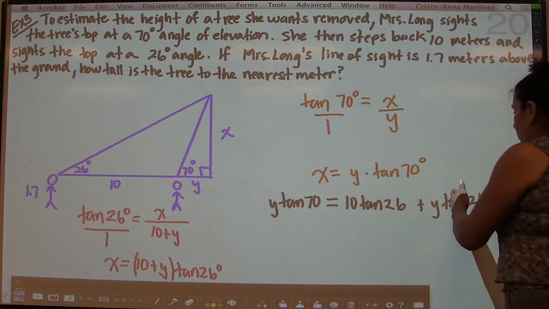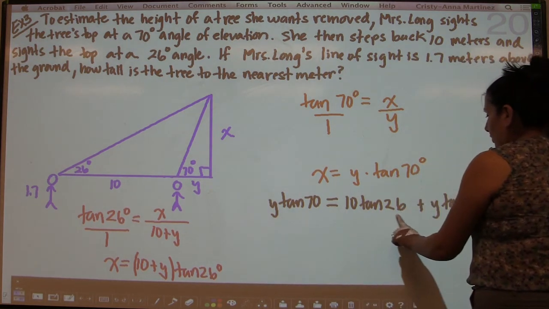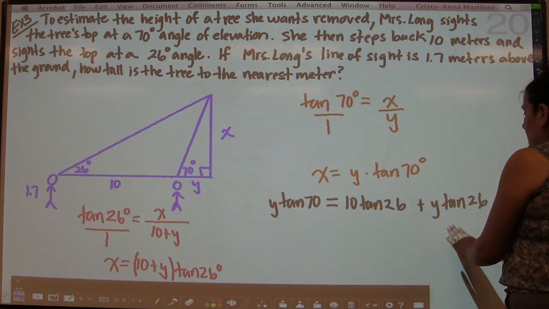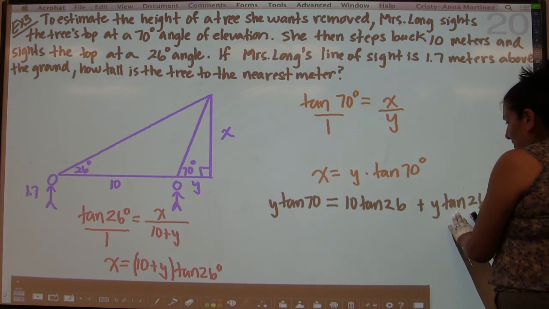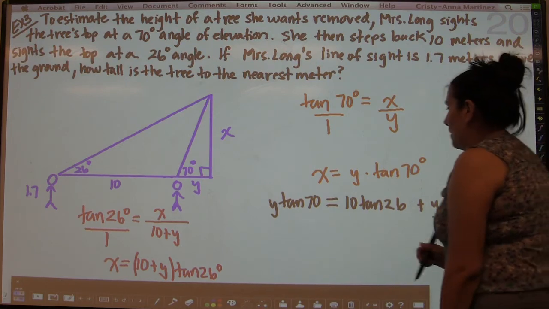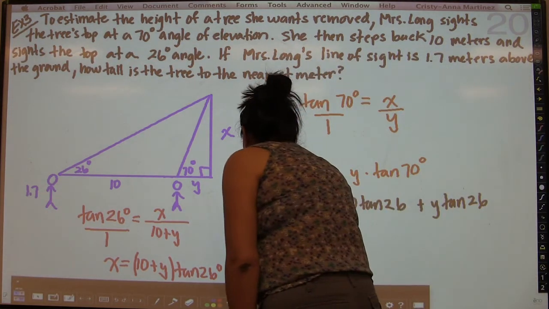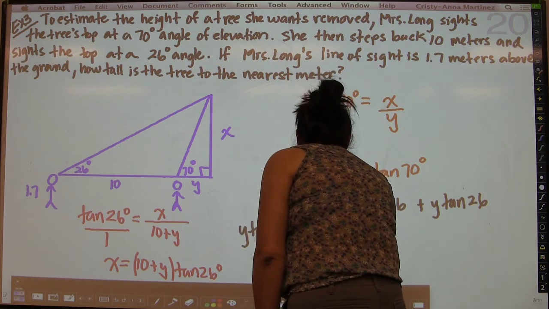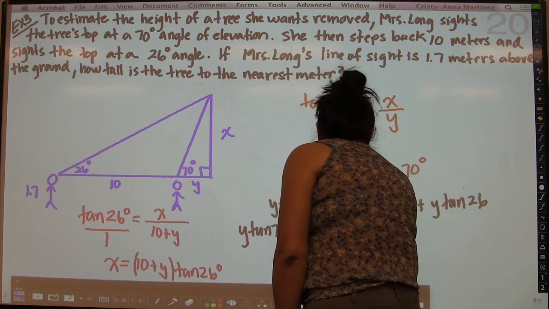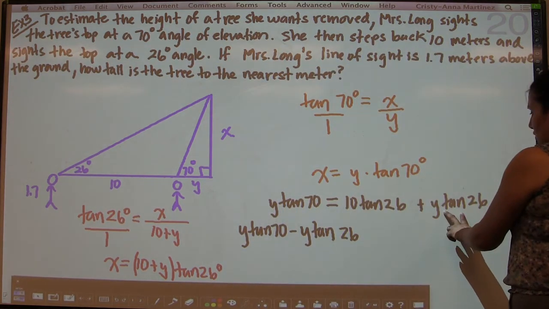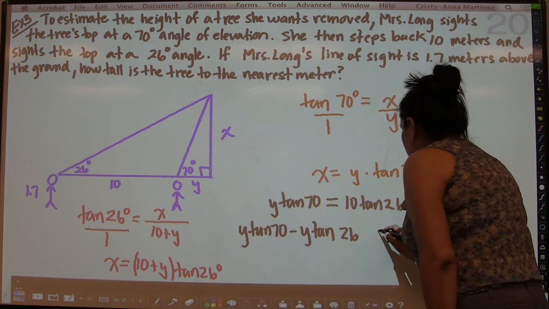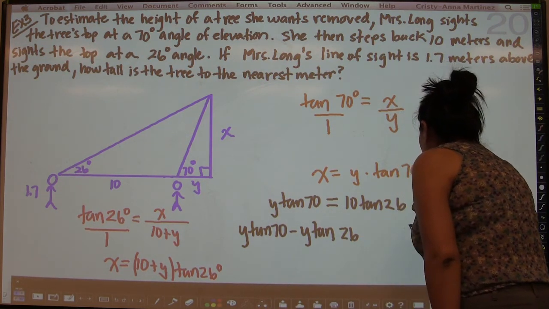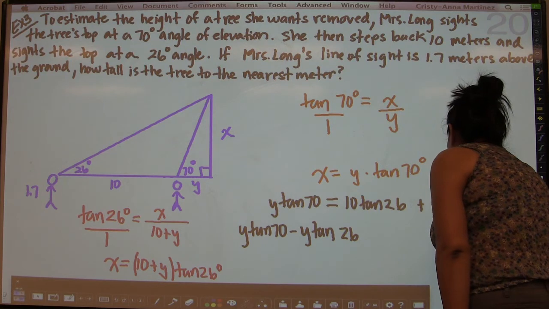All right, and now what I want to do, like in any good solving process, is put the variable on the same side. There's no variable here, but there's a variable here. So I want to move this y tangent 26 to the other side. So I'm going to get y tangent 70 minus y tangent 26. I'm going to subtract the y tangent 26 to the other side, and then it's going to be equal to 10 tangent 26.